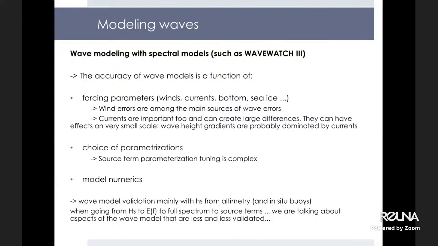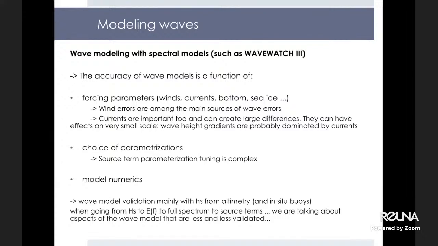I will talk about that a bit more later. Then there is the choice of parameterization, obviously, and there are a lot of parameterizations in wave models, especially the source term parameterization, which is quite complex and whose tuning can be a bit tricky. And of course, model numerics, so the level of accuracy that we have in solving the equation.